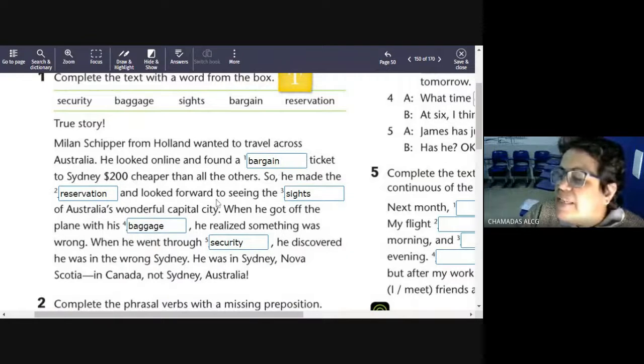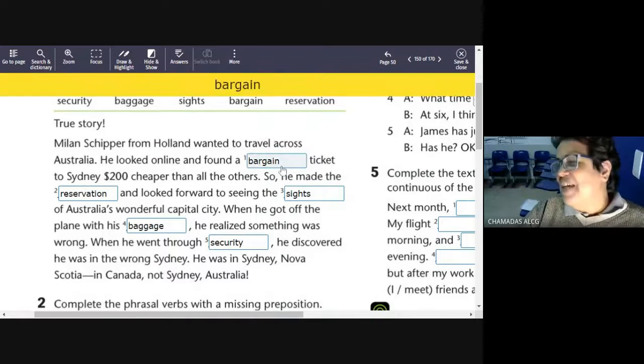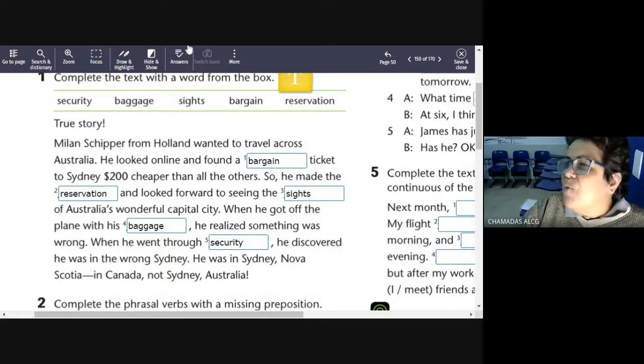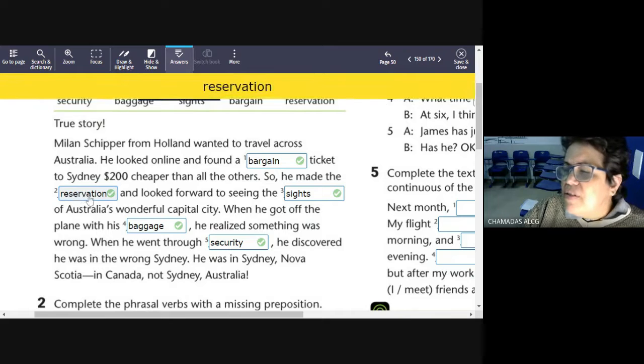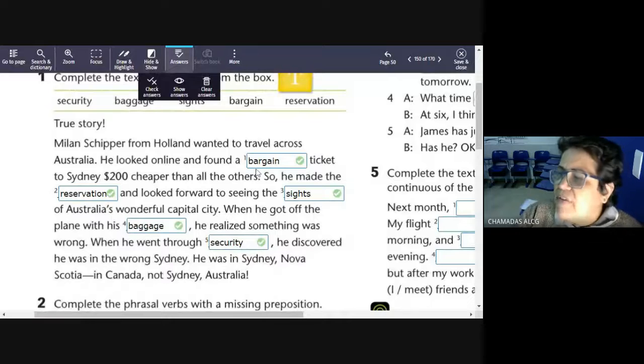So is the vocabulary okay for you here? Do you have any questions about the words? No? Okay. So the first one we have there, bargain. Then we have reservation, sights, baggage, security. And the most important thing is the words that come before and after, right?